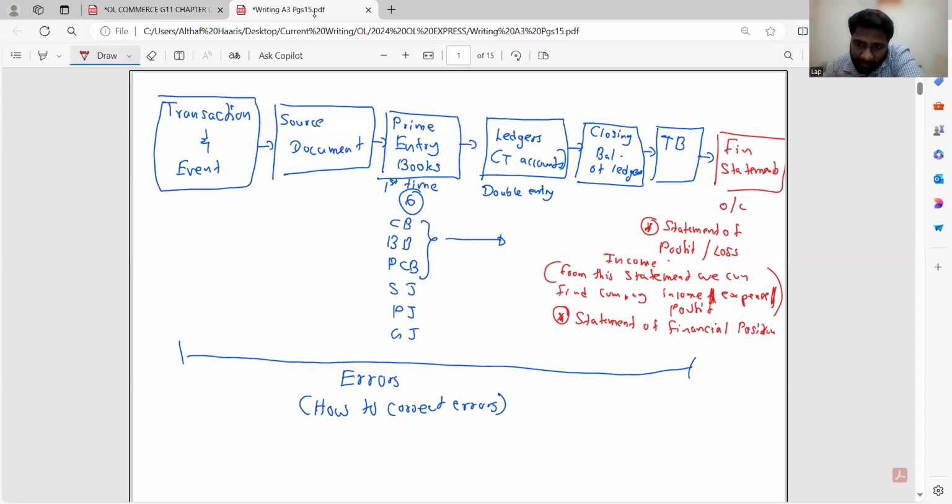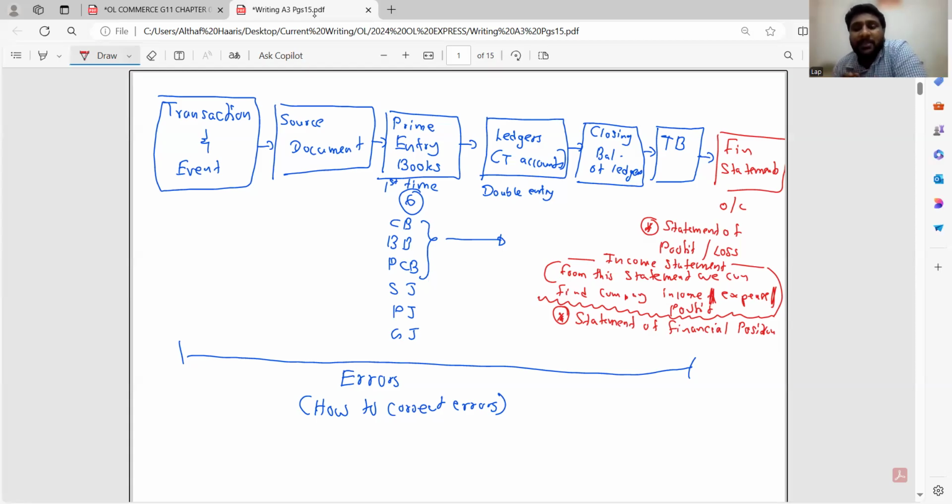Income statement, profit or loss statement, another name. So from the income statement, we are finding how much income is there, how much expense is there, simply how much profit or loss is there.